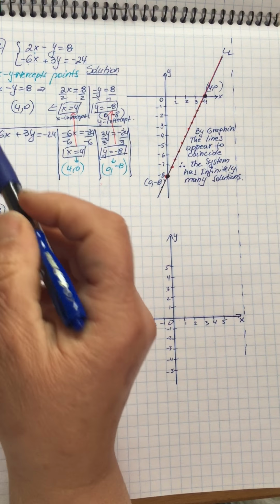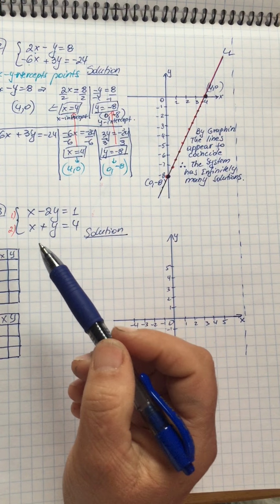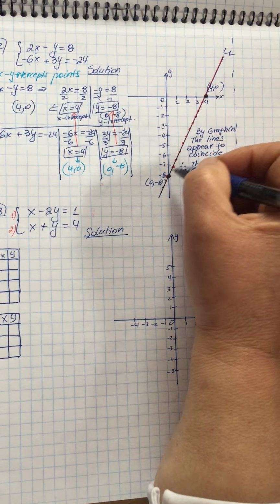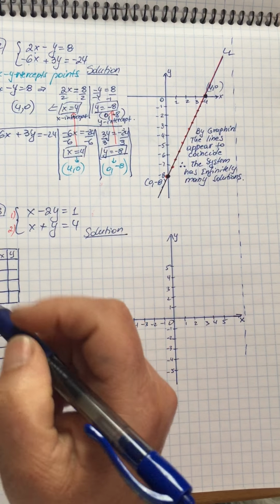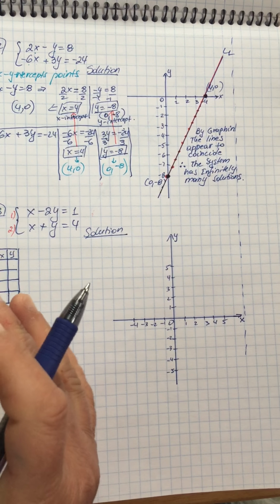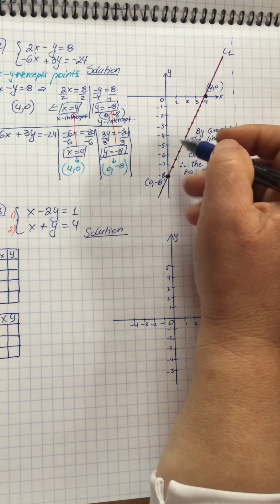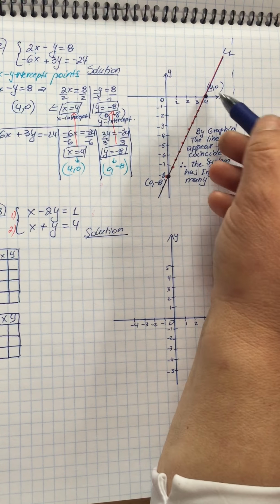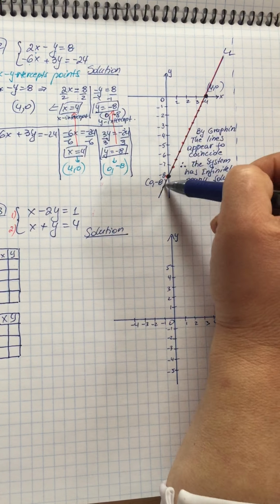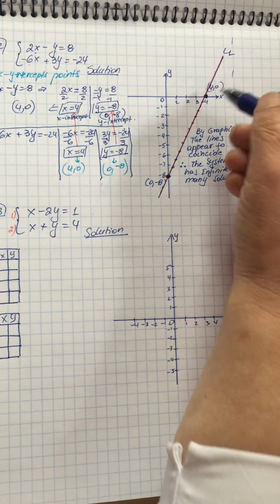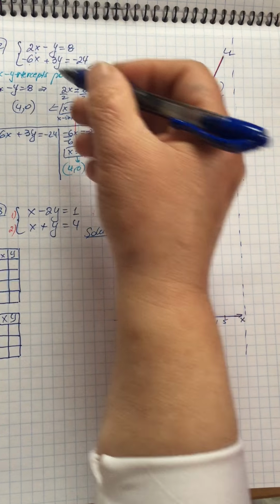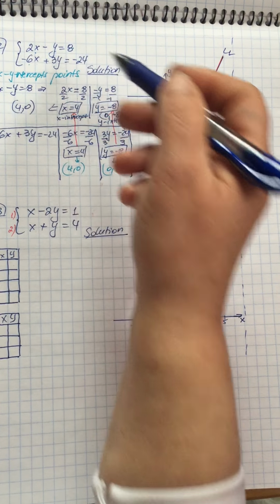Now, for the first example and the second example, I didn't check the solution, okay? But usually we check the solution. For the first system, we didn't have a solution, so there was nothing to check. But now we have infinitely many solutions. So how to check that this is the right line? Just check one point in both equations and you will find true statements, okay?